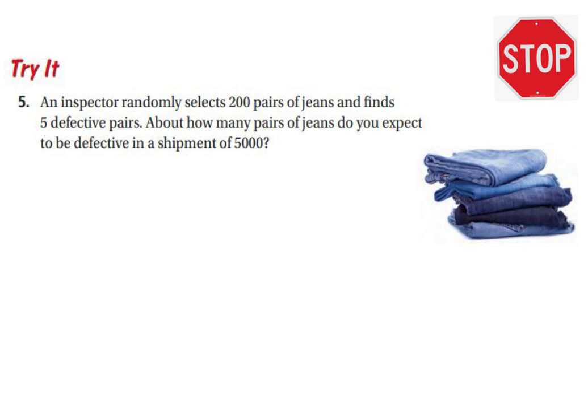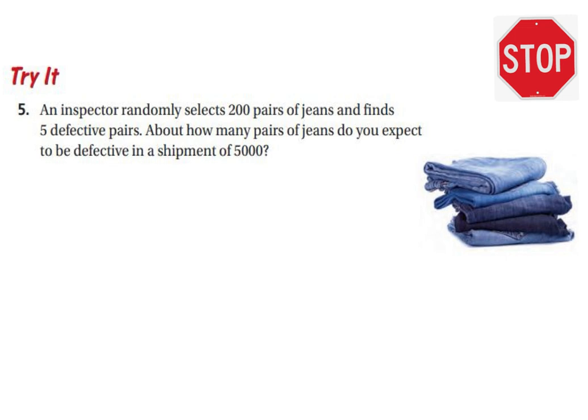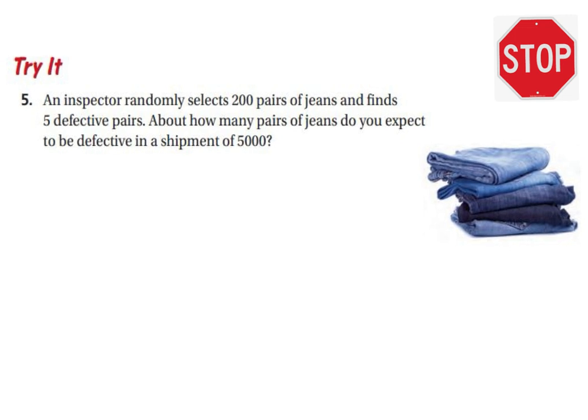So what we'll do here is we'll find that there were 5 defective pairs out of a total of 200. So 5 divided by 200 is going to give us the probability of a pair of jeans being defective, which is 0.025 or 2.5% of the jeans.